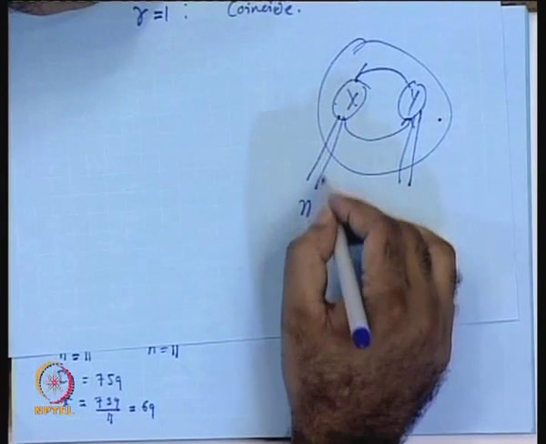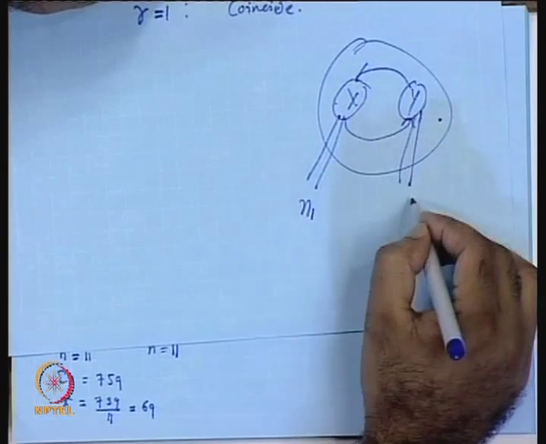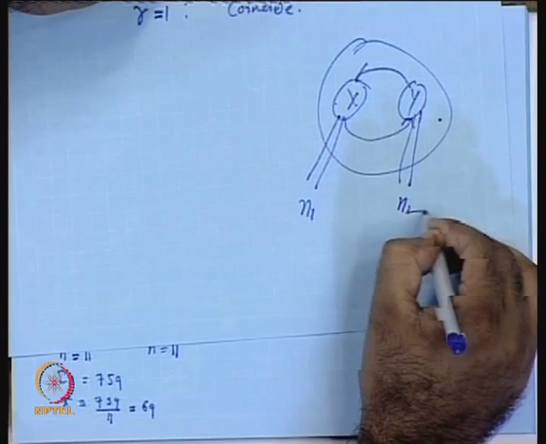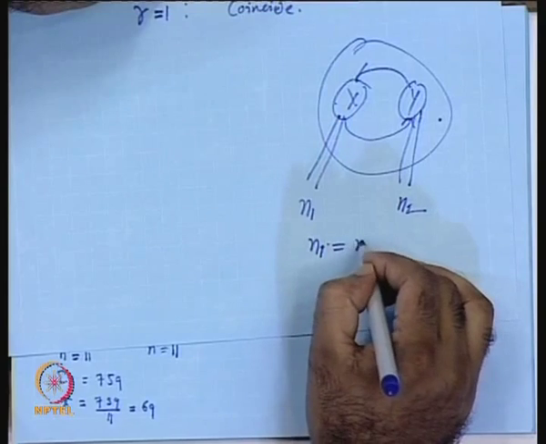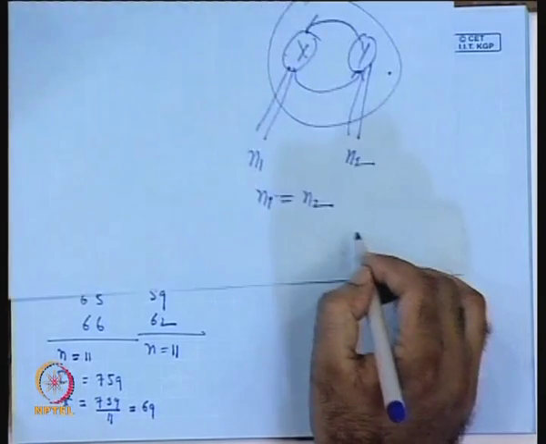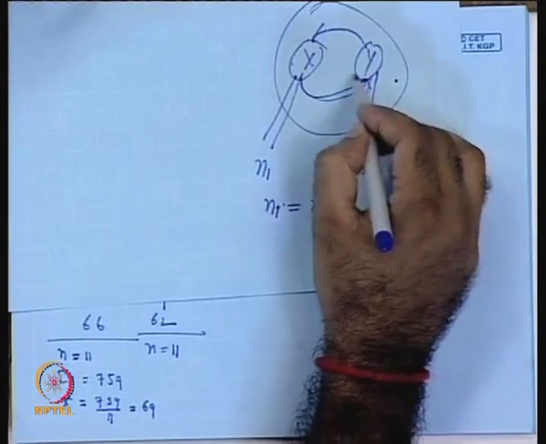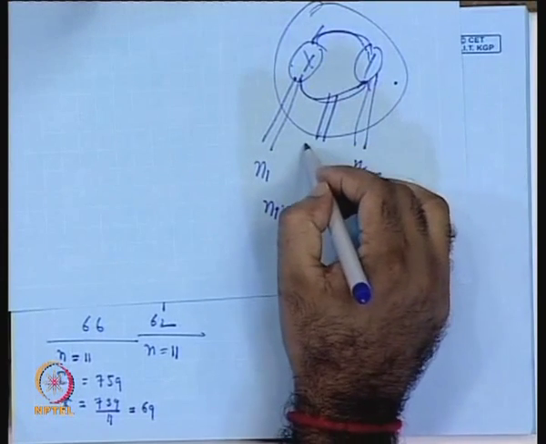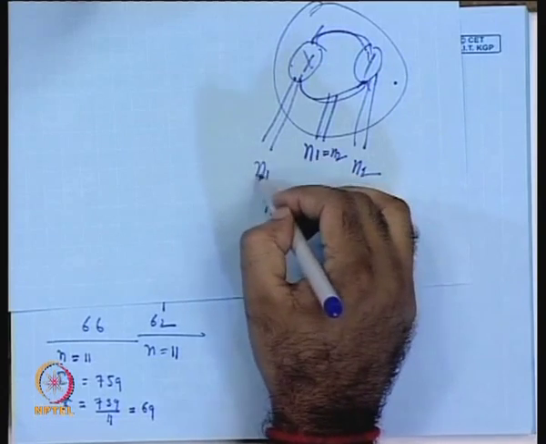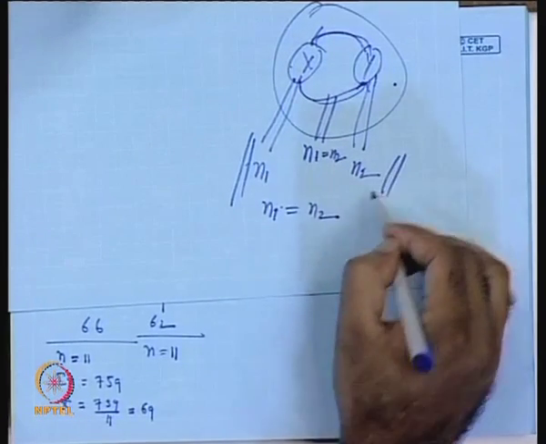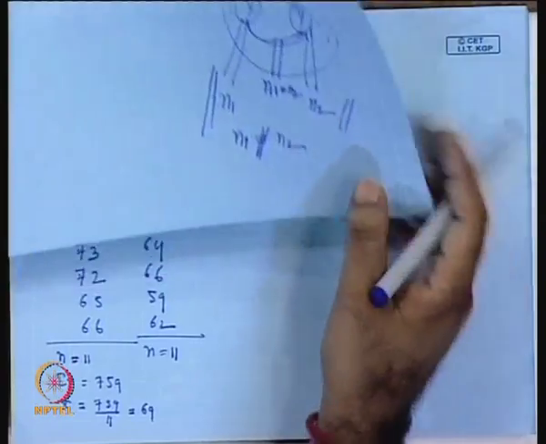If this particular structure's sample observations we call n1 and this particular structure's n2, then there is no point in n1 being exactly equal to n2. But if we correlate between these two, then it is mandatory that n1 should be equal to n2. In the univariate case, n need not be exactly equal.